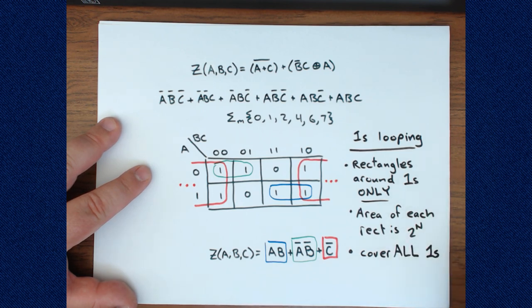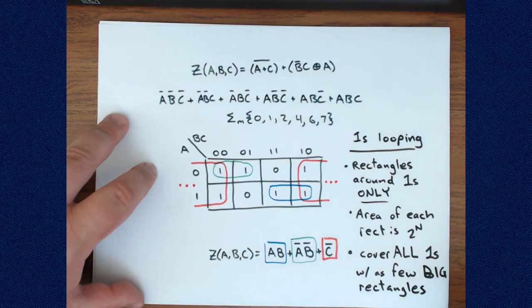That by itself is critically important. This is rule. You must cover all ones, but we want to do it, this is the part that's rule of thumb, with as few big rectangles or loops. Some people call these loops. That's why we call it ones looping.